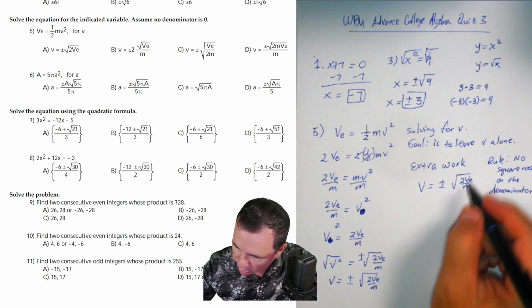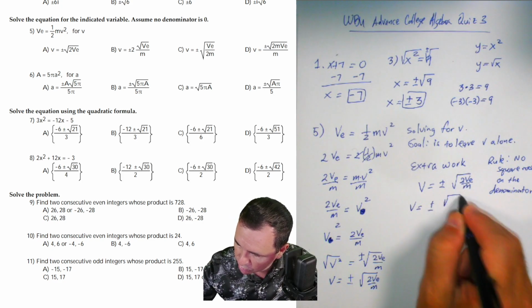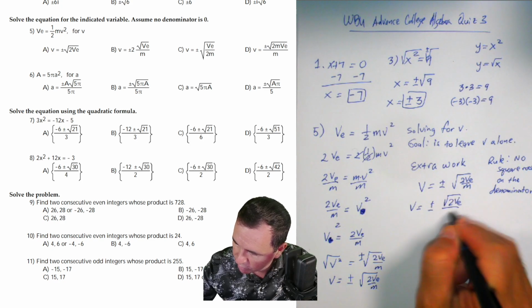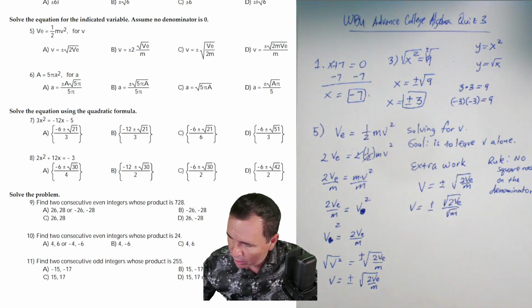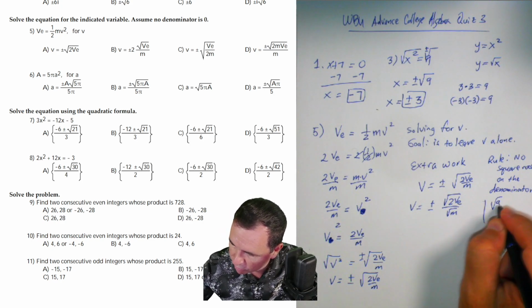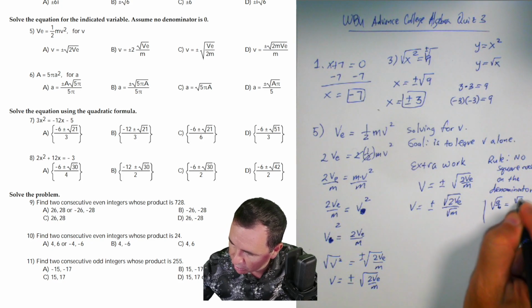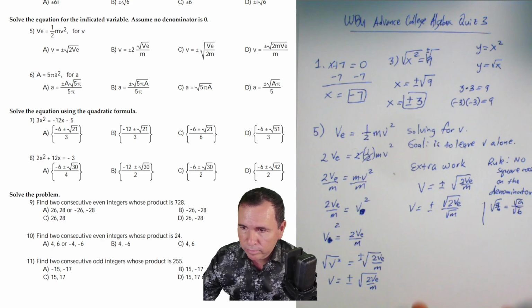We're going to have to split it into two parts: the square root of 2KE over the square root of m. This is because the square root of a over b is equal to the square root of a over the square root of b. This is an algebraic rule.